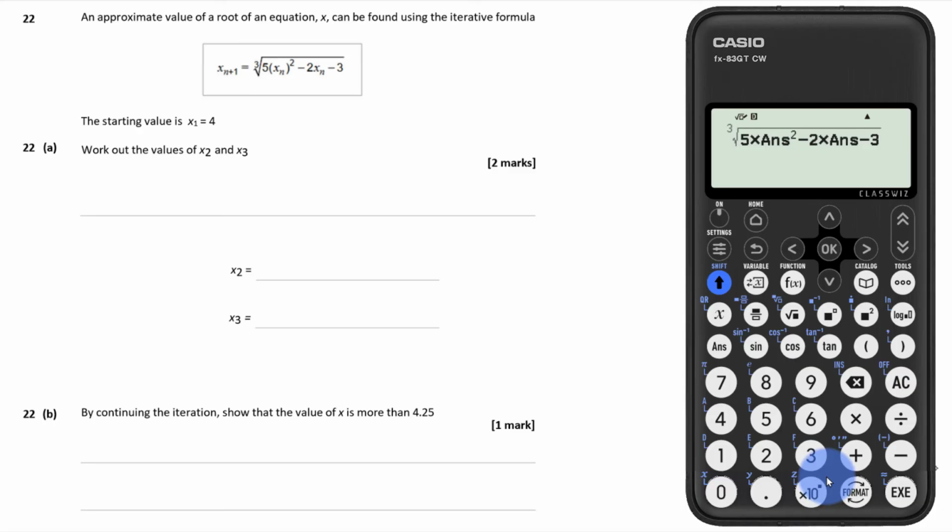If I press equals, it will feed 4 in where I've written the answer and work out the new value.